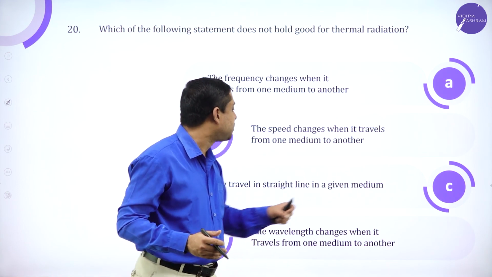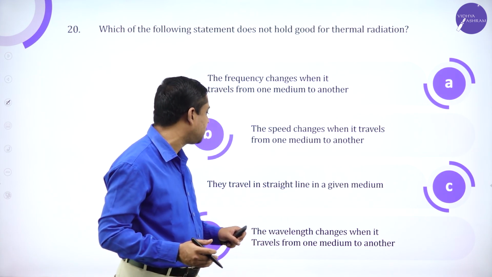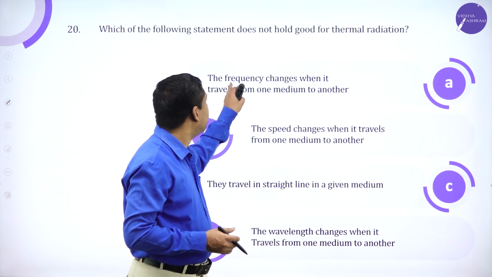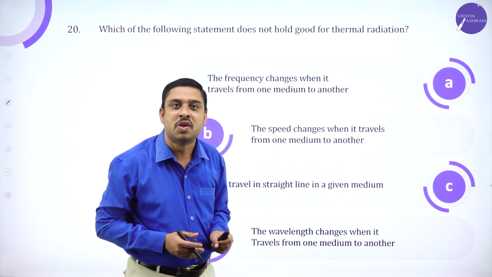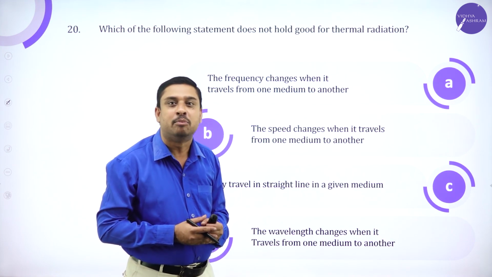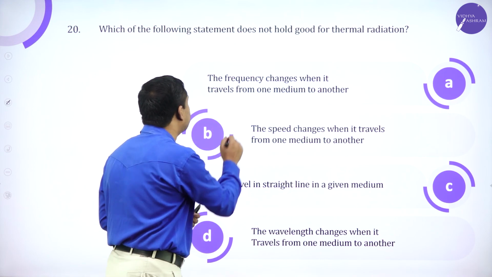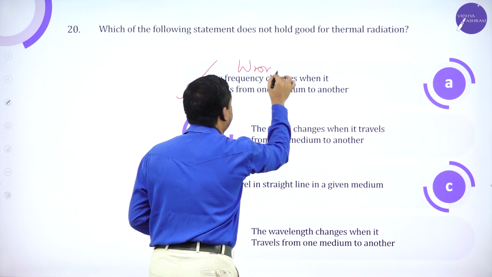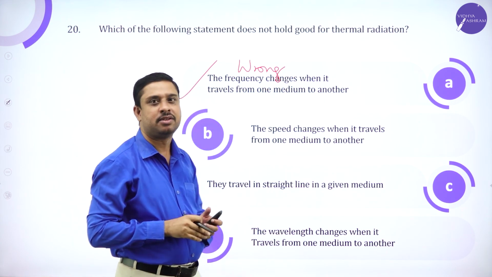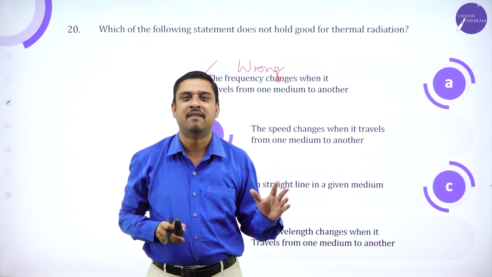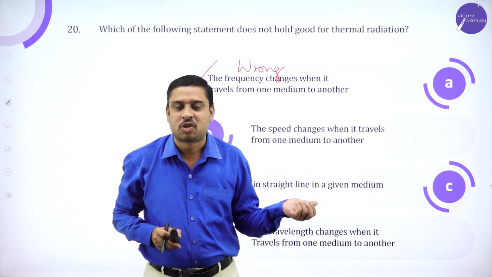They travel in straight line, very much yes. Wavelength changes, yes. Frequency changes, no. When a wave travels from one medium to another, its frequency always remains the same, and this is the wrong statement. Simple assertions. I don't have any magic to solve here.